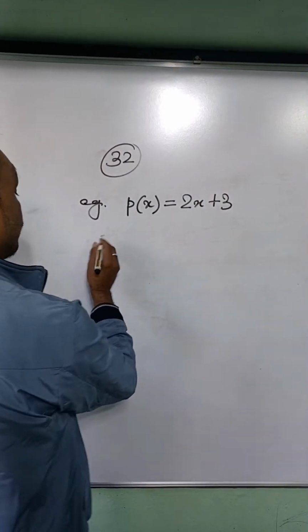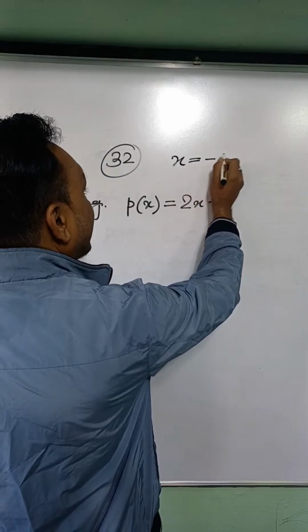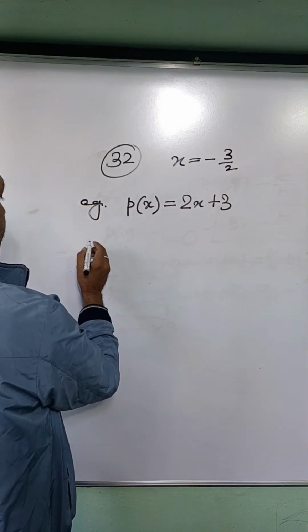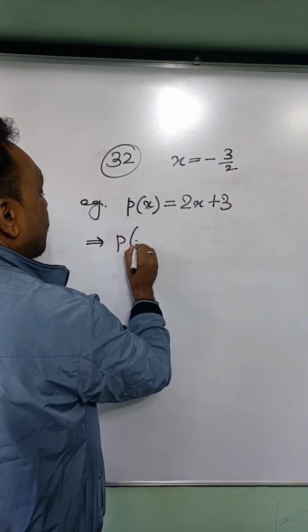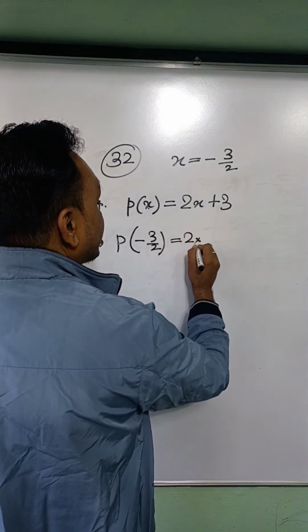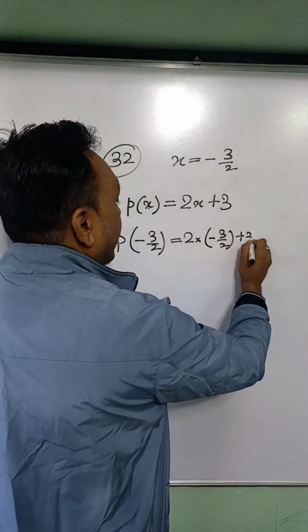Now if I put the value of x as minus 3 by 2, have a look. Here, in terms of x, you put minus 3 by 2, plus 3.